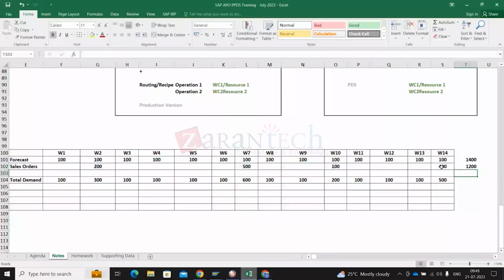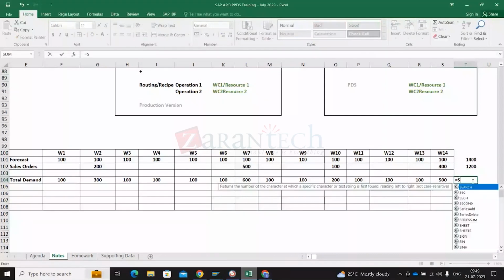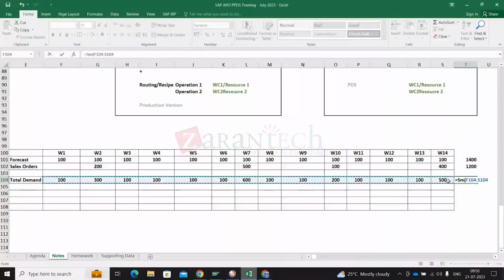But if you are just summing it up, how much is the total demand that you planned? Okay, 2600. So you see the difference.